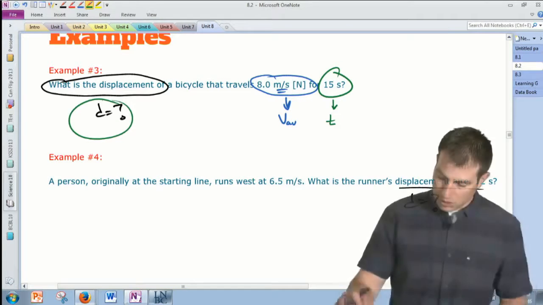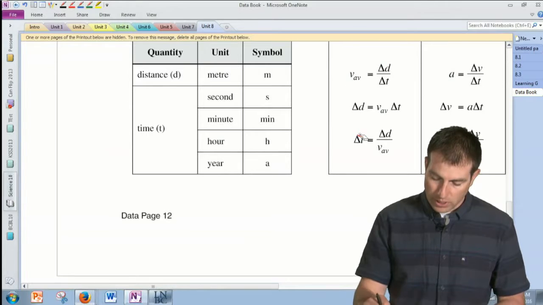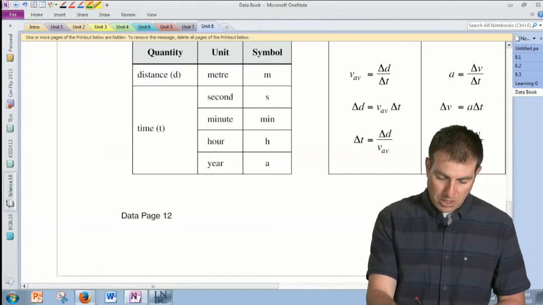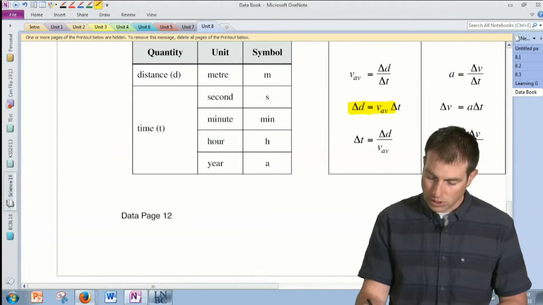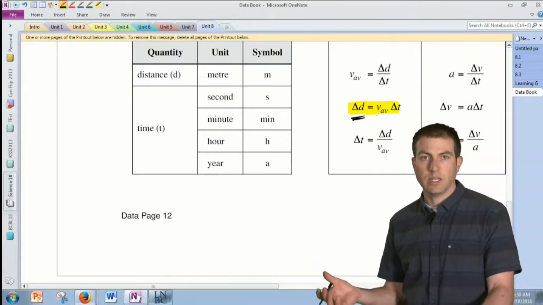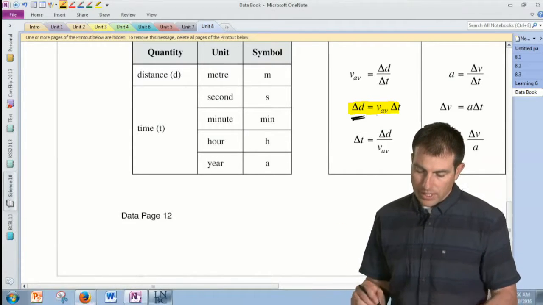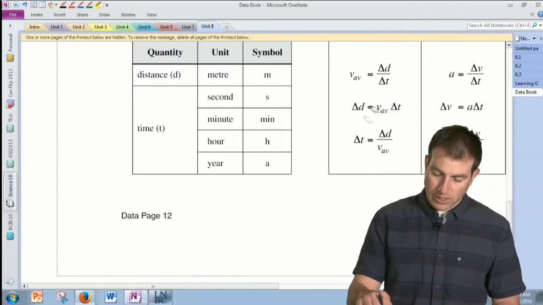So on my formula sheet, I'm going to look for an equation that has distance already isolated. And what I mean by that is this second equation has distance by itself already, which is nice because I don't have to go and isolate it. I don't have to rearrange the equation. It has d solved already. So that's the one I'm going to use.